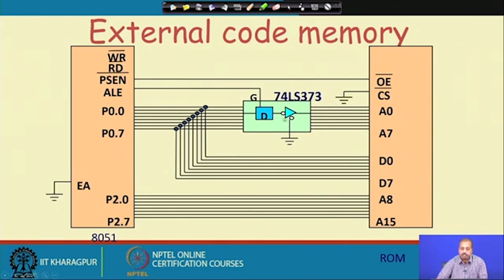So, this is the demultiplexed address bus, and this is the demultiplexed data bus. The ALE signal is connected to the G pin of 74373, the PSEN bar line is connected to OE bar, the CS bar line is grounded, and this EA bar line is grounded. That does not have any meaning here because it is not data access.